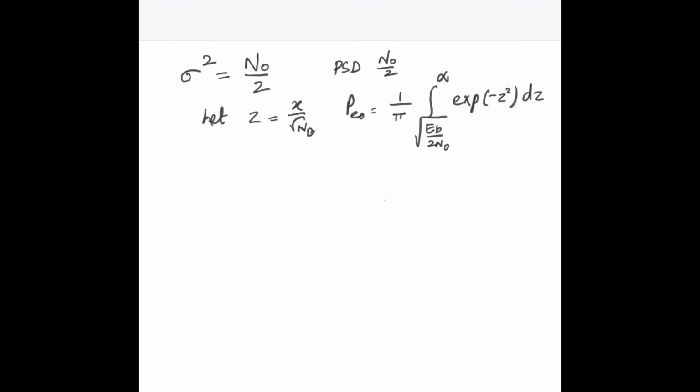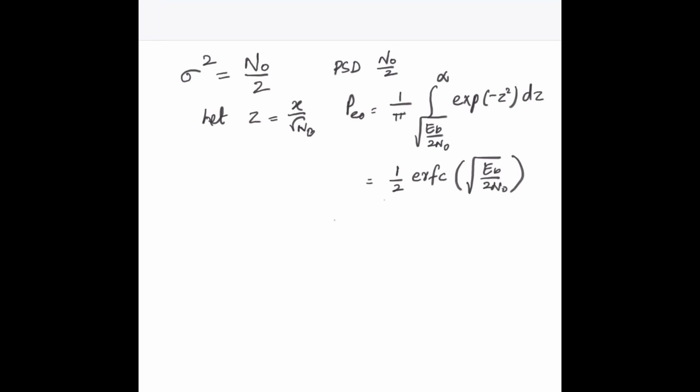Considering z equal to x by root of N0, you have to change the limits and find out what dx will be, and this is the final formula. This is equivalent to the general error function formula, 1 by 2 into complementary error function of root of Eb by 2 N0.